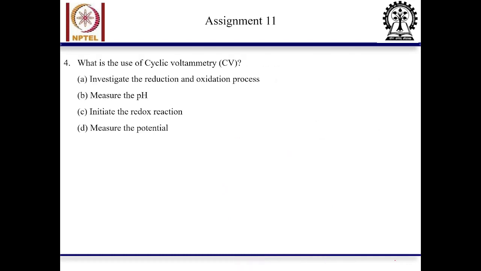Okay. Now, question number 7. What is the use of cyclic voltammetry? Investigate the reduction and oxidation process, measure the pH, initiate the redox reaction, and measure the potential. Sunil is saying A. Anyone else? Sweta is also saying A. Great.